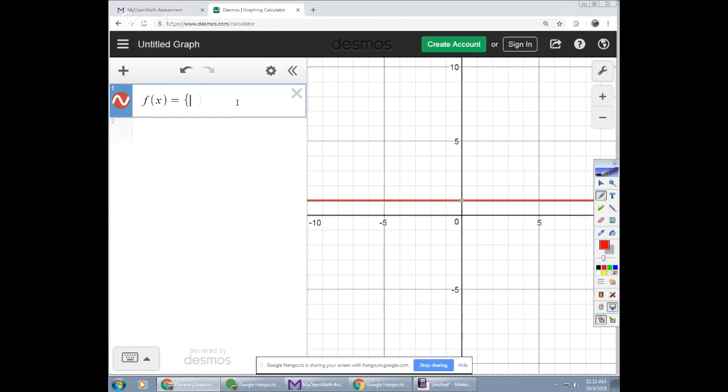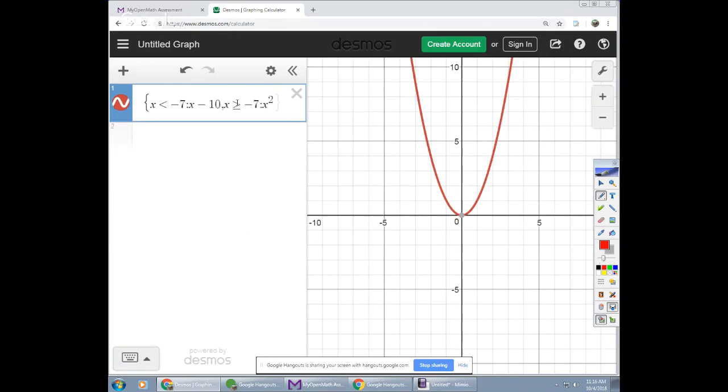So we now believe that when x is less than -7, colon, it should just be x minus 10 for that line equation. And then comma, the other side is when x is greater than or equal to -7, colon, that's the parabola, x squared plus 9x minus 3.